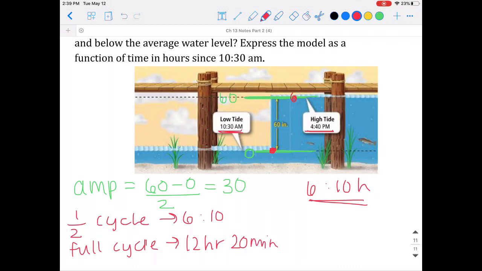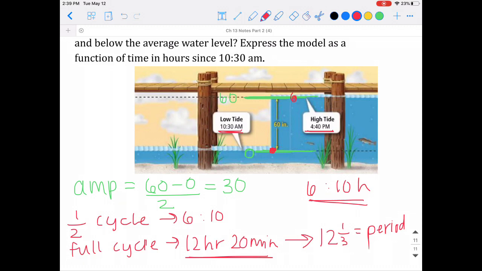So to go from low tide to high tide back to low tide, that's going to be 12 hours and 20 minutes. 12 hours and 20 minutes, though, doesn't really help us when we're trying to plug into our equation. So we're going to write this as a mixed number. So 12 hours, 20 minutes out of 60 minutes gives us a fraction of 1/3. So 12 1/3 is going to be the period of this function.